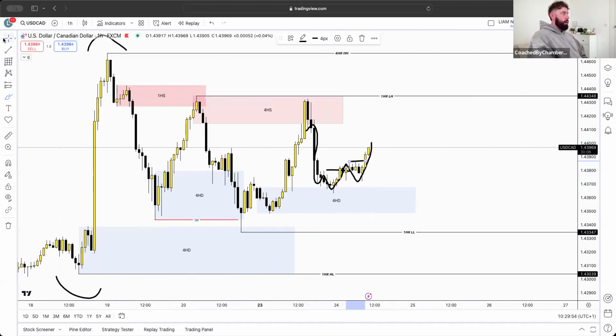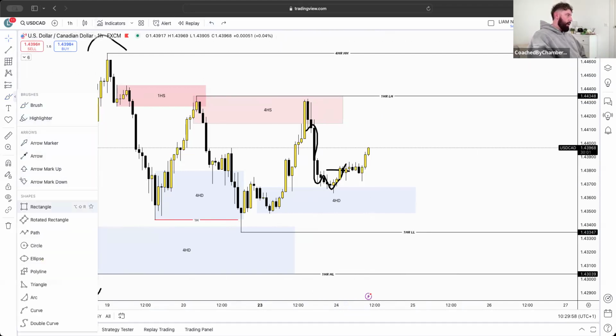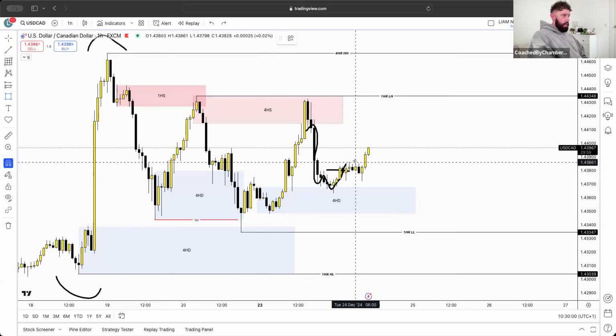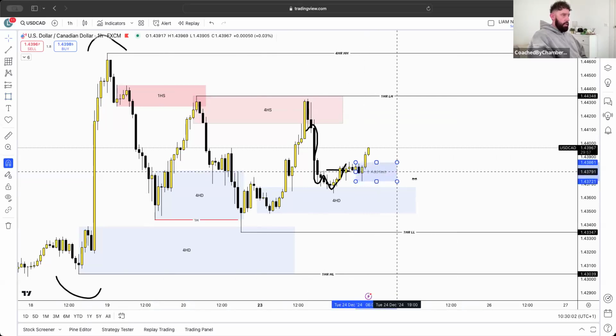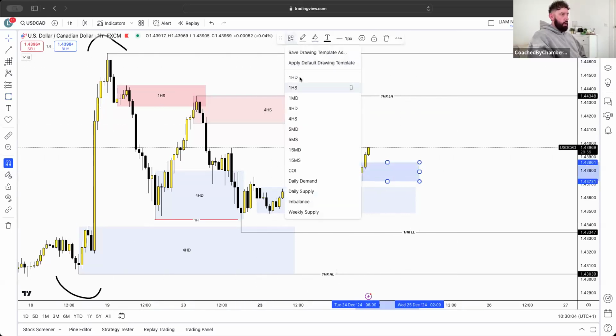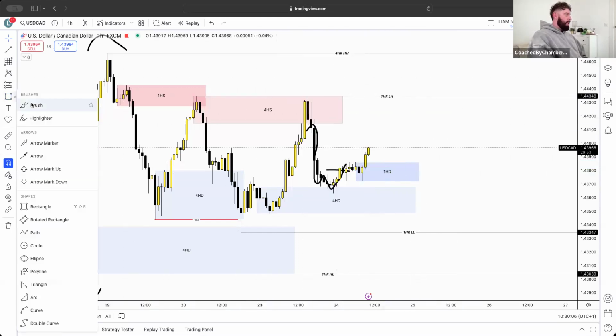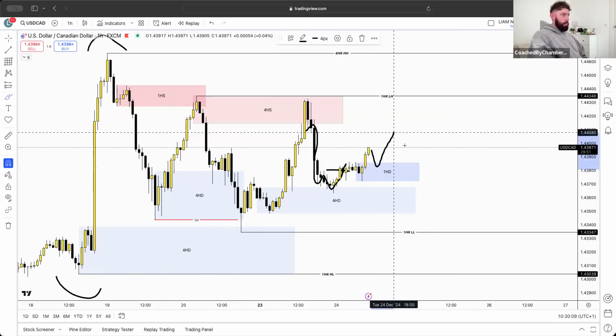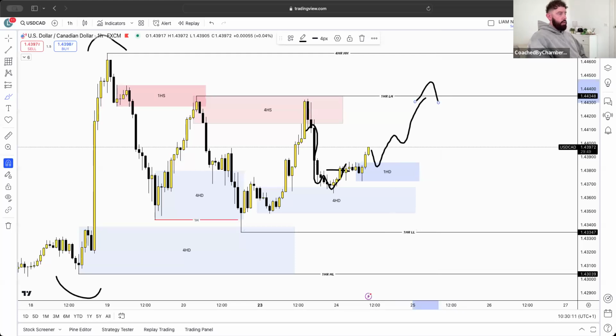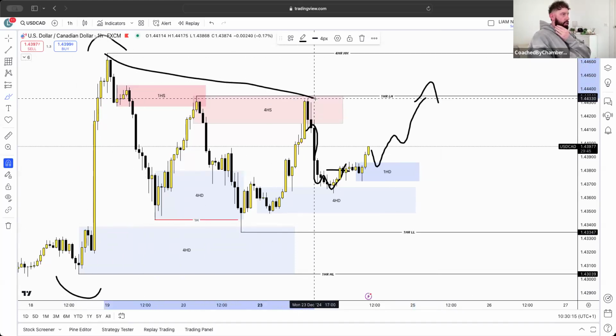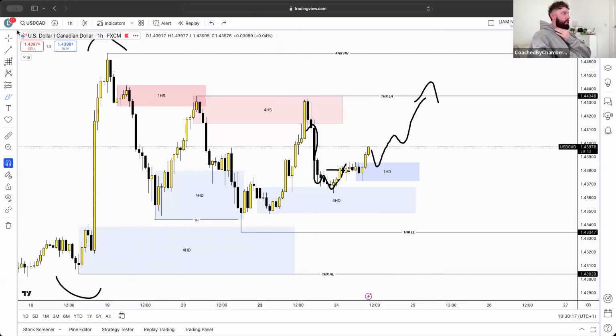So from the 15-minute standpoint, I would be waiting for a pullback to look for buys in regards to this whole leg here. So this would be my 15-minute, 1 hour demand area that I would like to see carry on upwards. That's what I would like to see. To take out, what do we have here? Trendline liquidity. So trendline liquidity, that is what I would like to see.